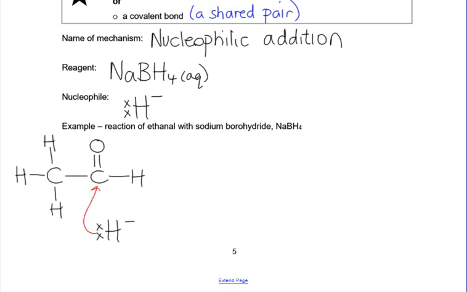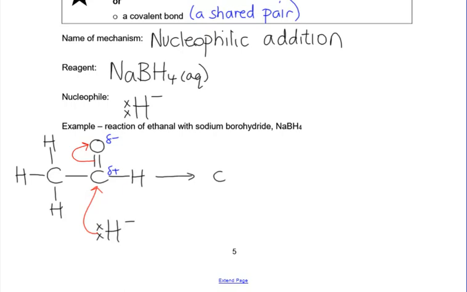Now the reason it picks that carbon is because oxygen is more electronegative than carbon, and so that bond is polar. What happens then is the pi bond, the second of the double bond, breaks and moves the electrons onto the oxygen. So we're not losing anything, it's not substitution, we're adding the H- and just breaking that bond. Nothing is lost.